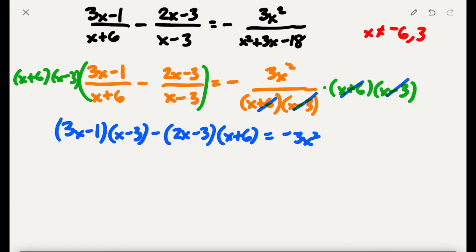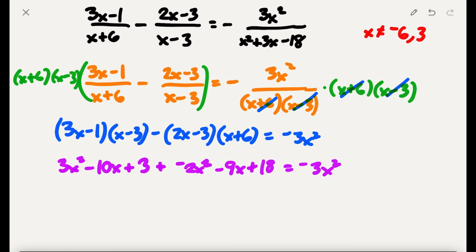Okay, from here I'm going to expand everything out over here. So it's going to be 3x squared - 10x + 3 is going to be added to -2x squared - 9x + 18 is equal to -3x squared.